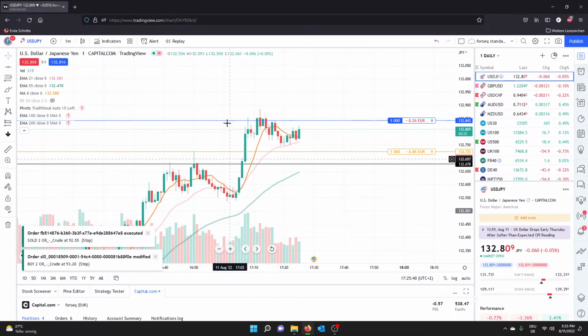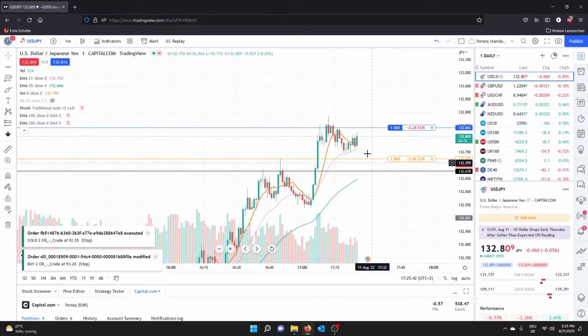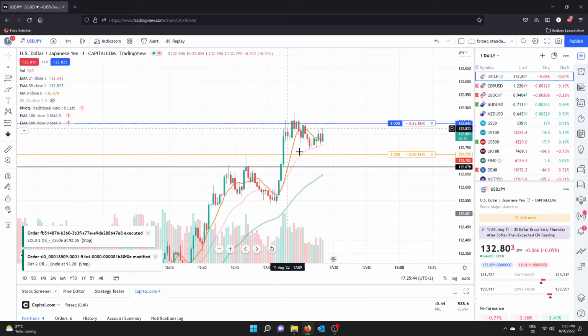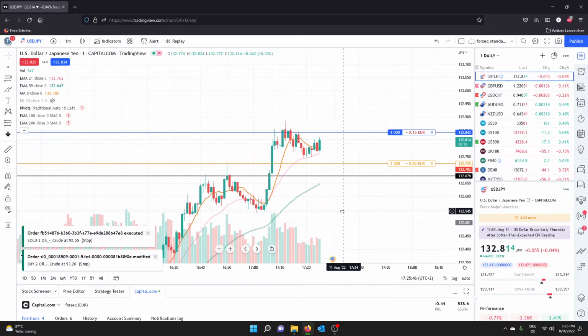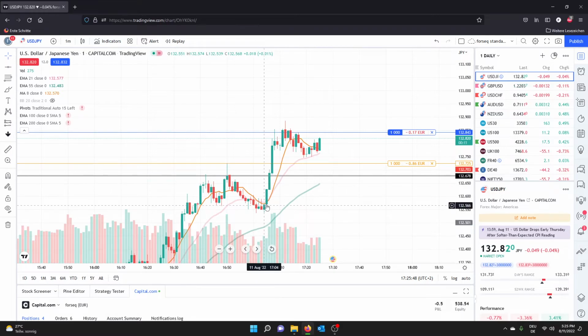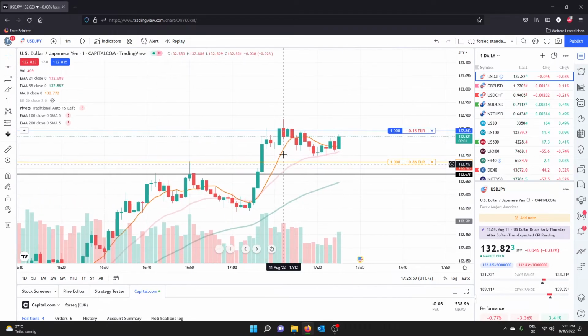As I see that the price doesn't really do what I wanted it to do. I expected it to correct a little bit and then shoot up pretty quick, and it didn't do that, but instead it formed a new low here.